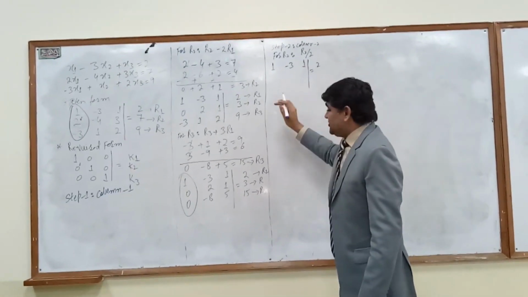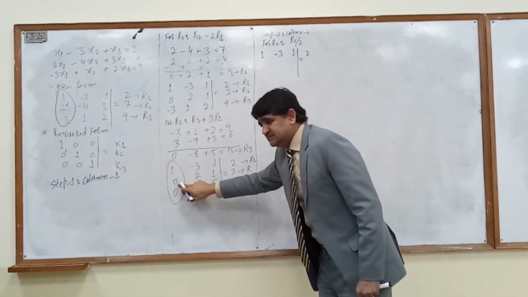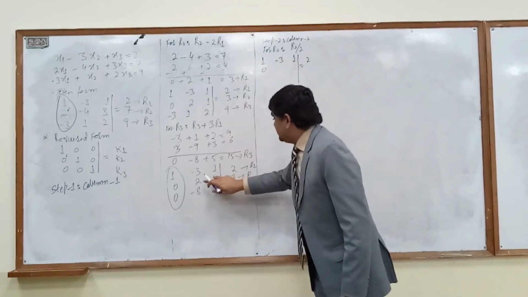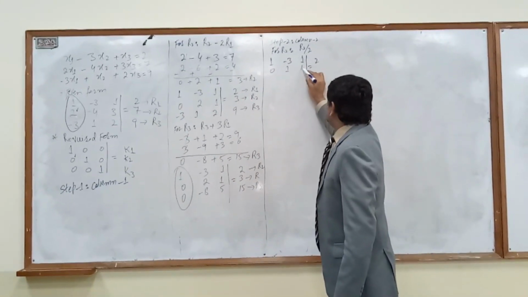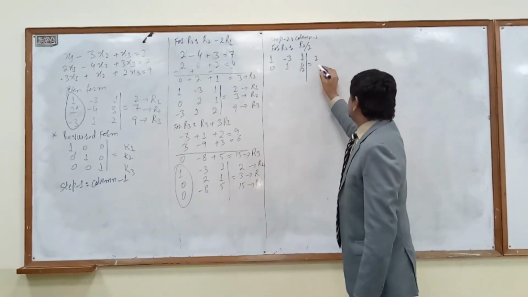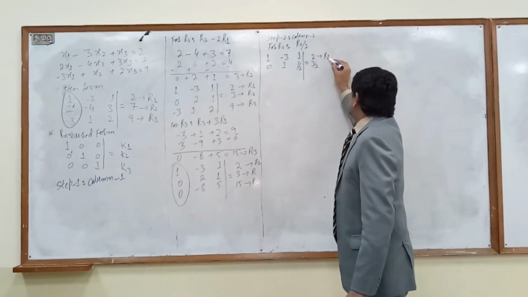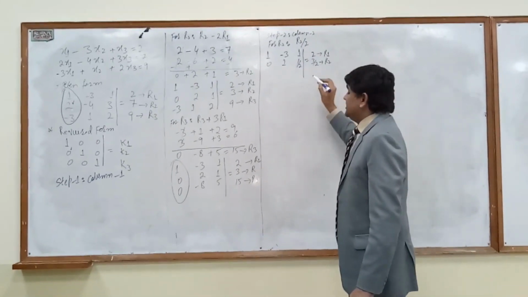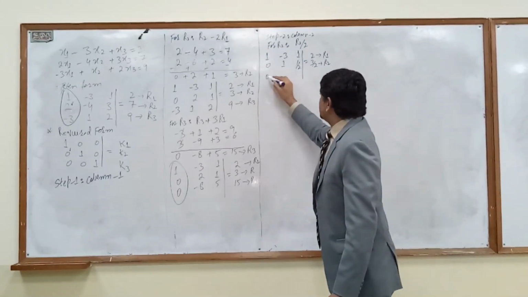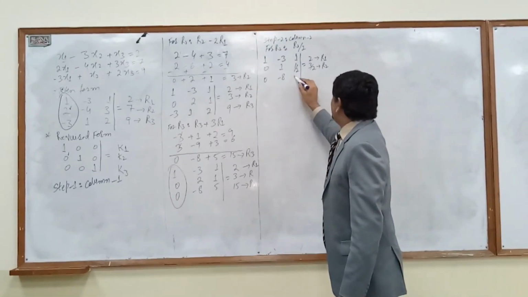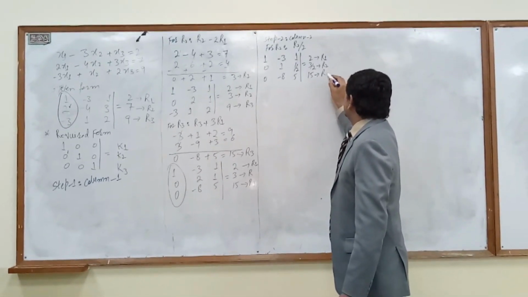And R2 is going to divide by 2. 0 divided by 2? 0. 2 divided by 2? 1. 1 divided by 2? 1 by 2. 3 divided by 2? 3 by 2. Clear? Yes. So R1 and R3 will remain same. What is R3? 0, minus 8, 5 is equal to 15.